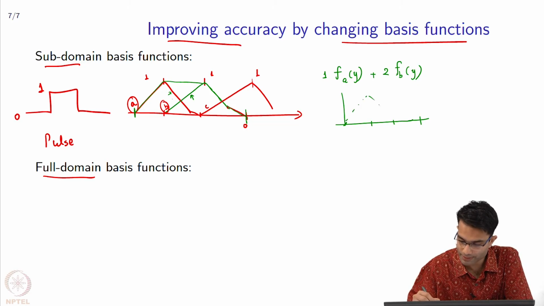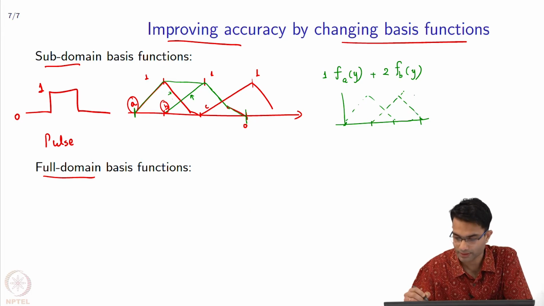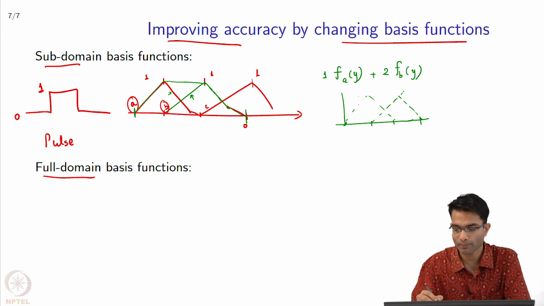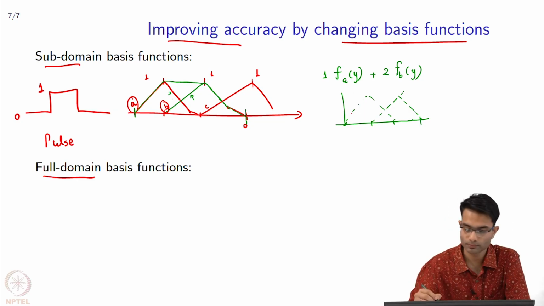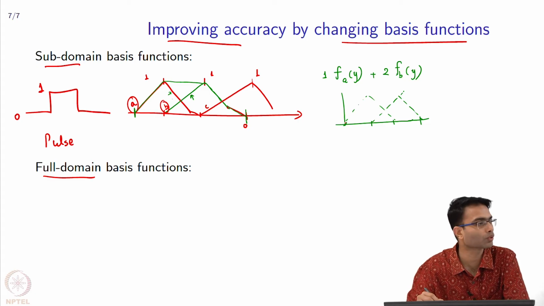Basis function A is like this, basis function B is like this. Now I am combining these two basis functions, but with a different height. When I start from here, the value will follow along A, and this height is being forced to be 2. How will it go from here to here? Straight line.